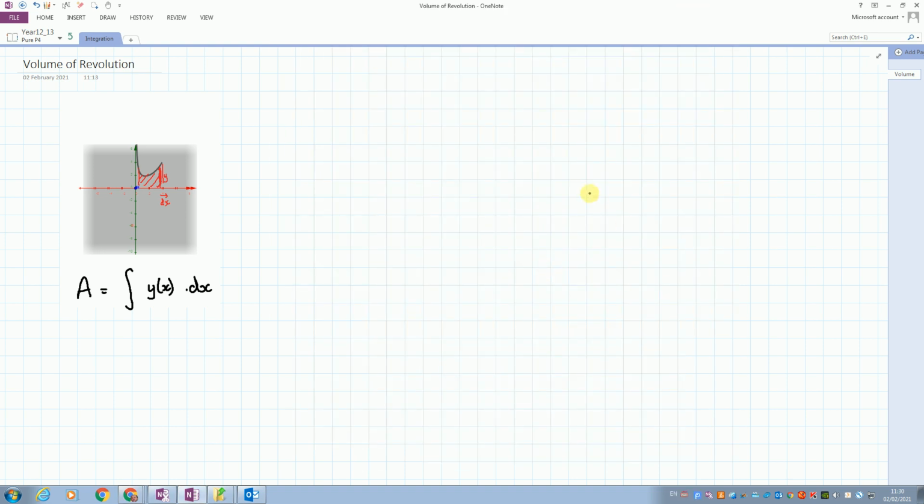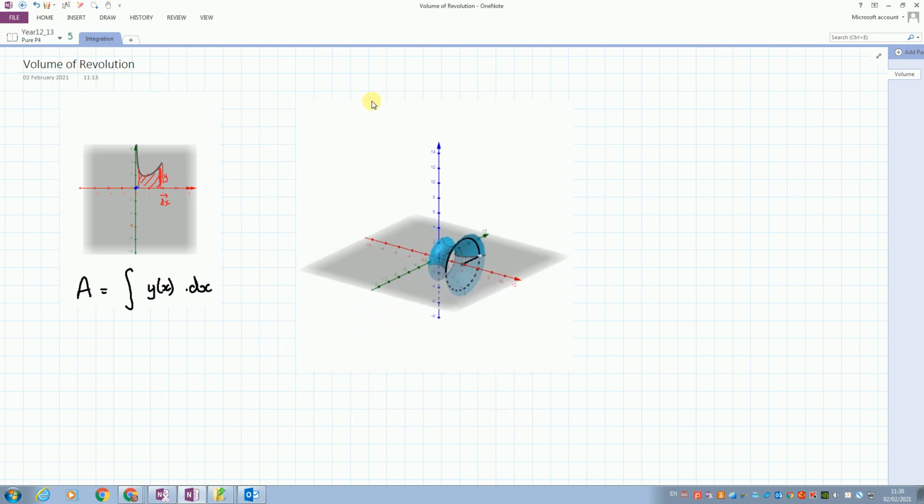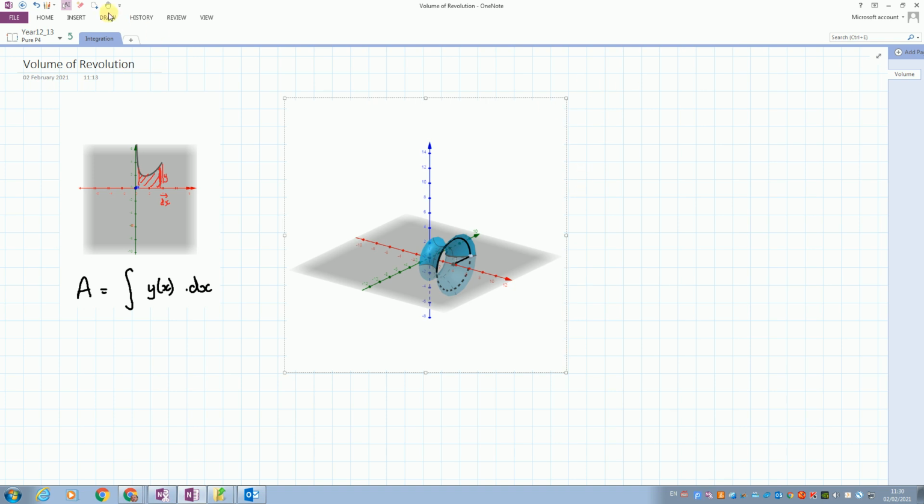And what we realise when we put it in is we're now making a shape using circles on the base, and each time we make a circle and we build it up, we've got a circle over the area, and if I make small amounts of increase in the dx direction, this turns into a cylinder.